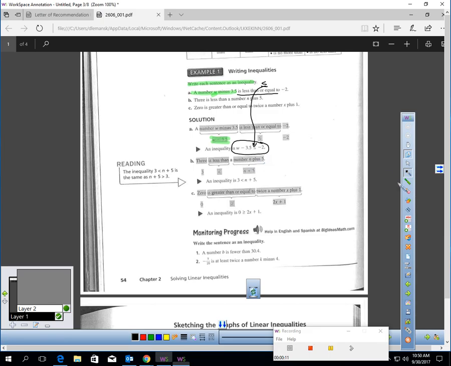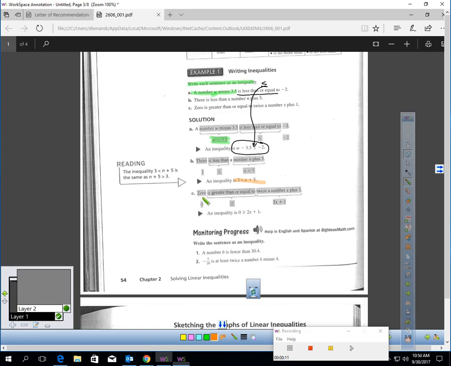Or the next one, 3 is less than. So the number 3 is less than a number n plus 5. Well, there's n plus 5. So 3 is less than n plus 5, and you can see they wrote that there.